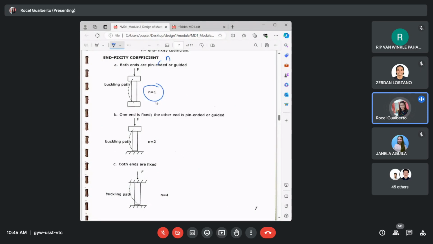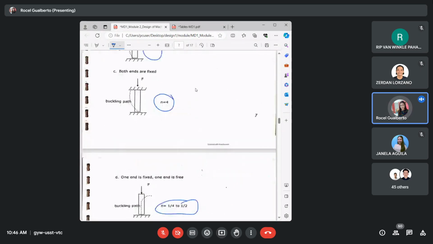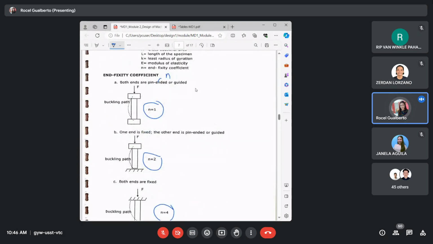Ano lang po ang pagpipilian natin? N equal to 1, N equal to 2, N equal to 4, and then you have here 1/4 to 1/2. Okay? So, yan po yung mga N values natin na ipapalit. Okay? When you say end fixity coefficient, tingnan mo po yung magkabilang dulo ng atin na member. Katulad nito, meron pong guide dito sa taas, meron dito sa baba. So, N equal to 1.